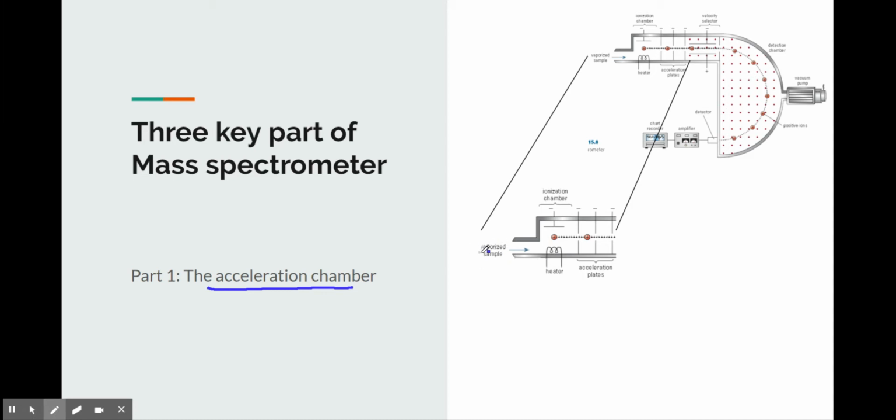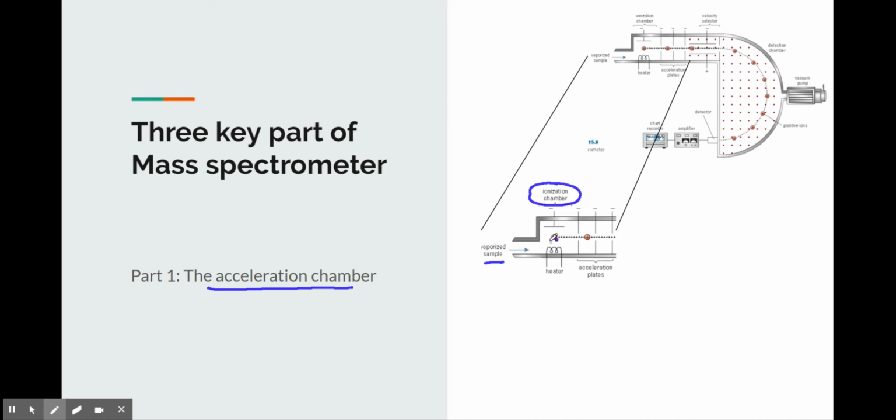So first of all, it's key to this experiment that we vaporize our sample. So whatever we use has to be in some sort of gas form. So if it's a liquid, we vaporize it, heat it up, do what we have to do to get it into a vapor form. Then we're not going to talk too much about this chamber, but within here we have ionization going on.